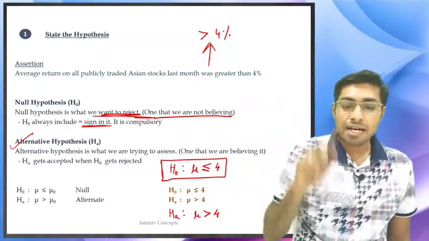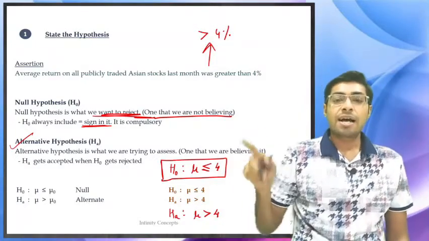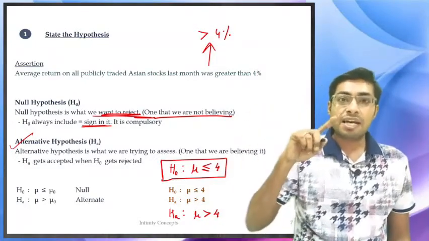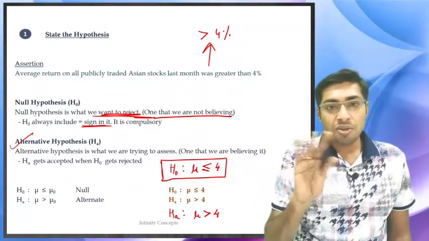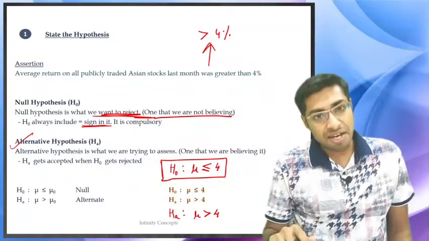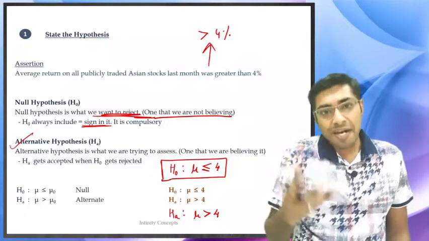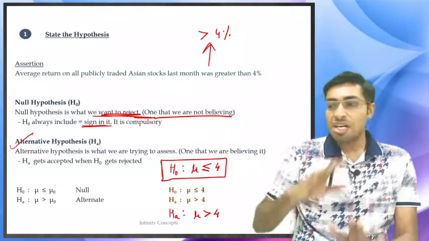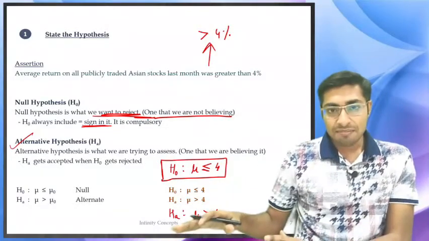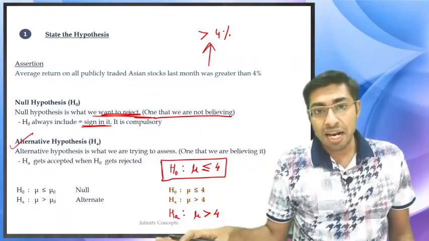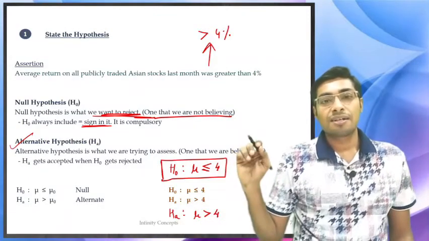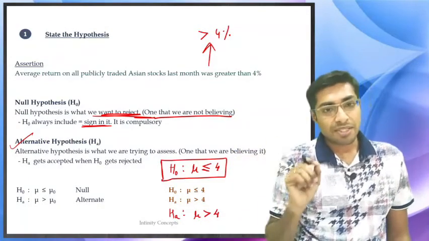In your mind, you can understand that it means we are accepting the alternative hypothesis, but there is no need to write that down anywhere, because it is not correct to say it like that. We will always use reject the null hypothesis and do not reject the null hypothesis. These are the words you will be using.